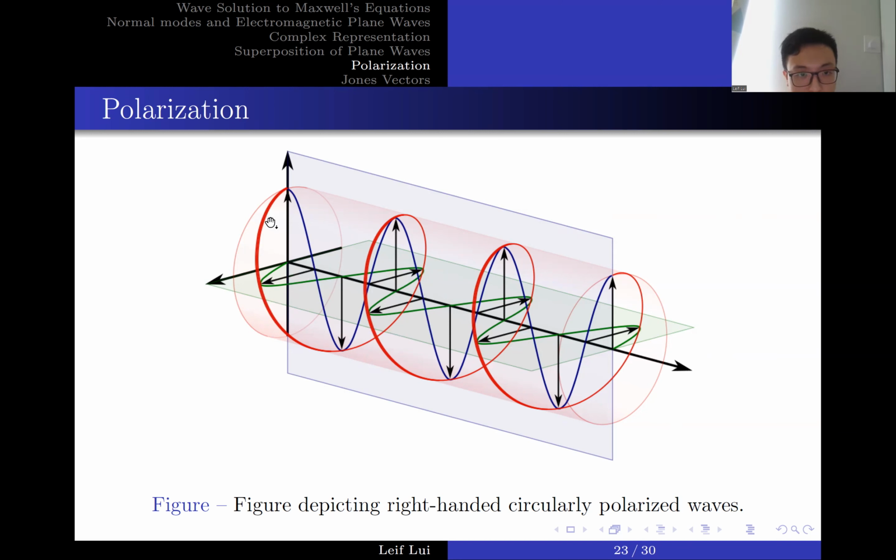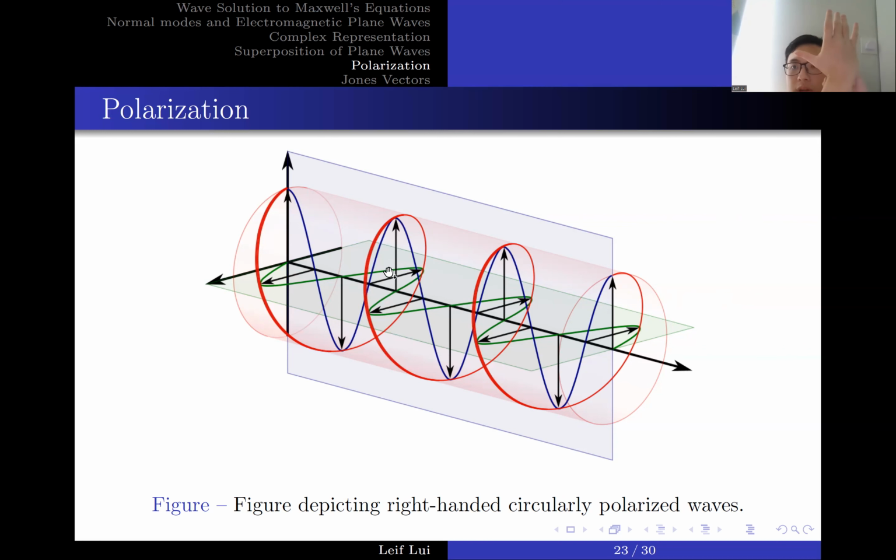So what happens is we generate a spiral, and we can see the spiral going in this direction, right? So if you use the right-hand rule like this, this is spiraling in the counterclockwise direction.